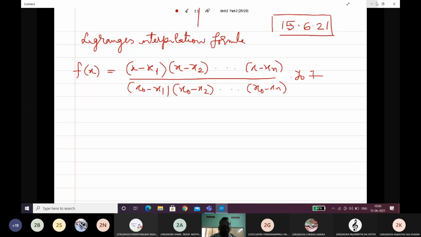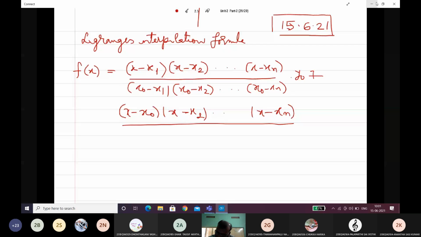Coming to the second one, you have to ignore the x1 in the numerator and subtract each and every value from x1 in the denominator. Therefore, we have to write x minus x0, here x0 comes, here x1 does not come, x minus x2, etc., x minus xn, whole divided by.